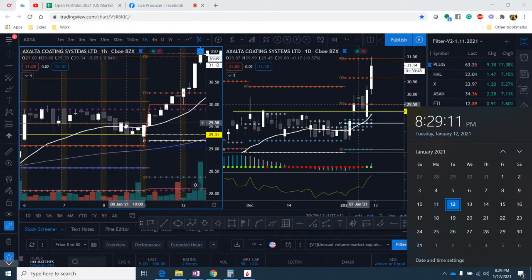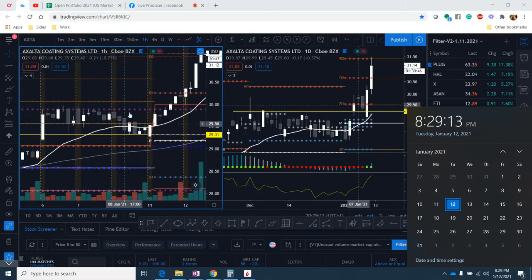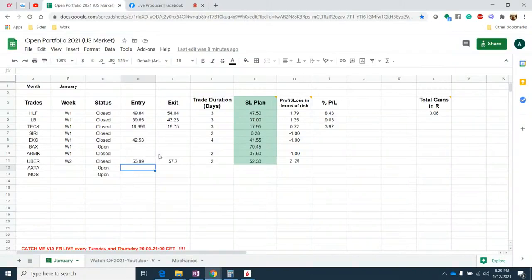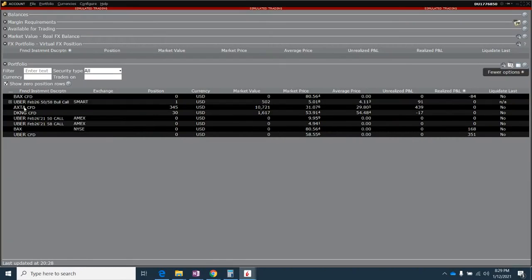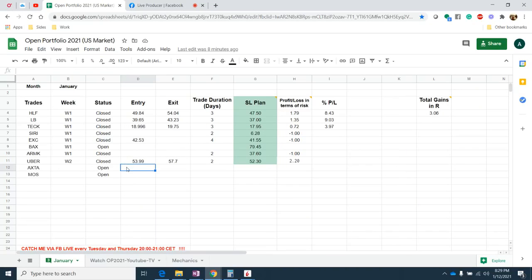So around this price, 29.5. Let me double check it here. Axta, my average price is 29.8.